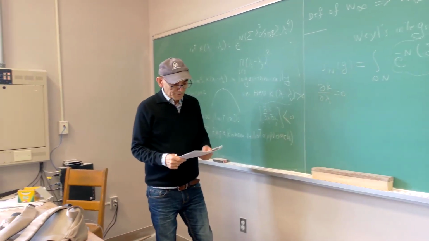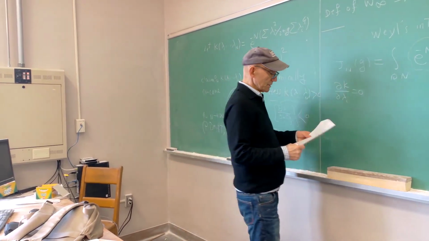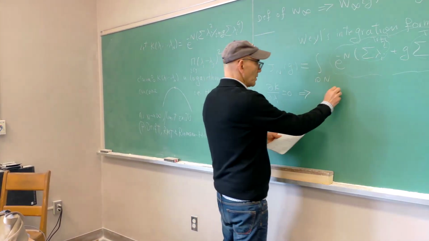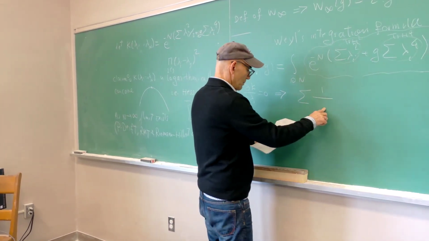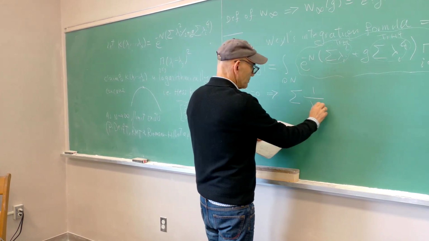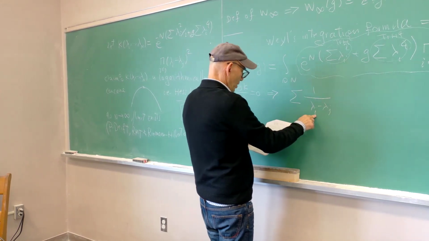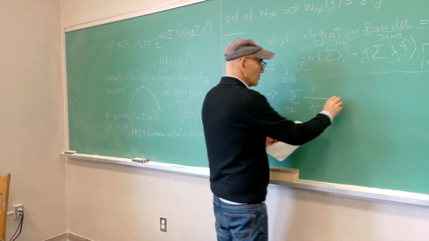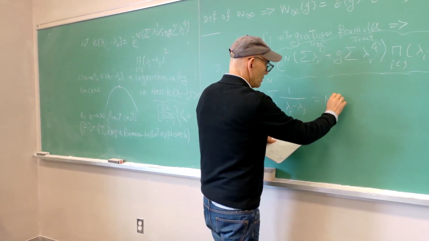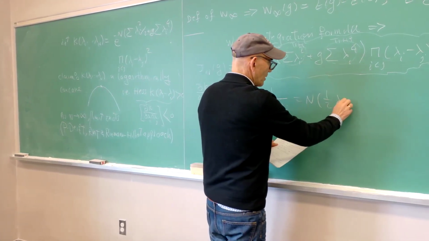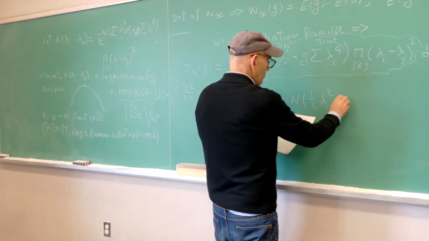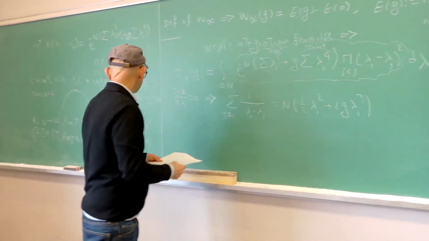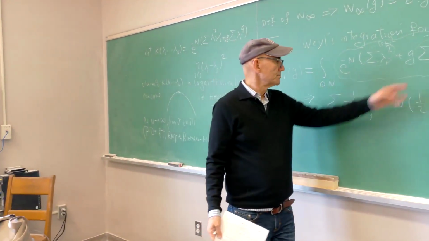If you write this down, this tells us that for i equal to 1 to n, the sum over j different from i of 1 over lambda i minus lambda j is equal to n times one half lambda i squared plus 2g lambda i cubed, just taking the derivative of this.